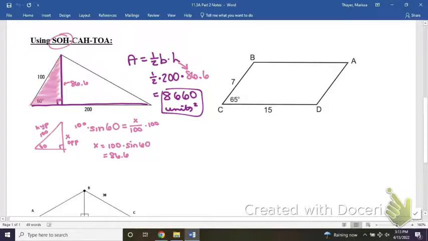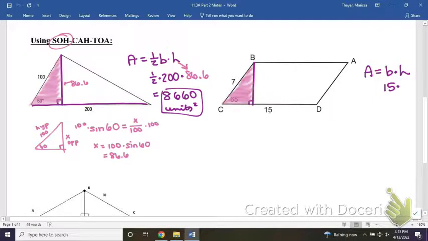The next one is similar, except it's a parallelogram. I know for a parallelogram, I have base times height. I know that my base is 15. 7 is not the height. The true height would be from B, making it right angle straight down to the base 15. So since 7 is not our height, we need to set something up to be able to solve.